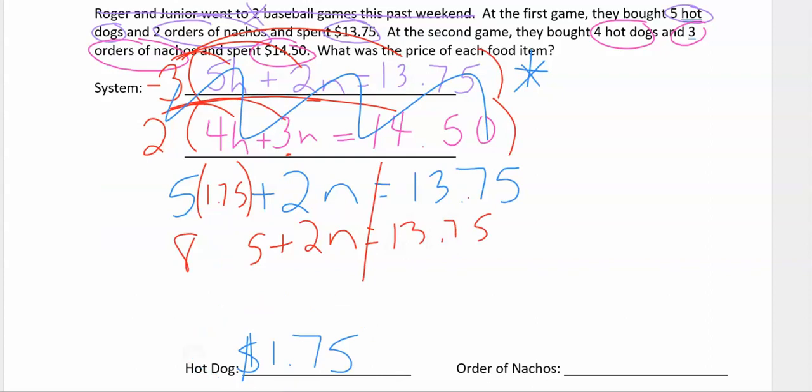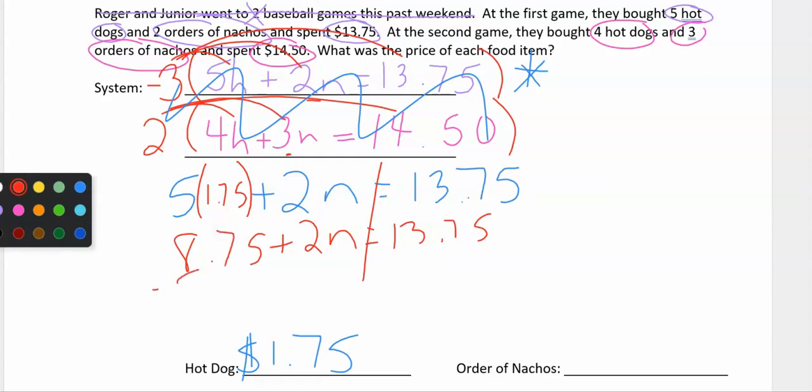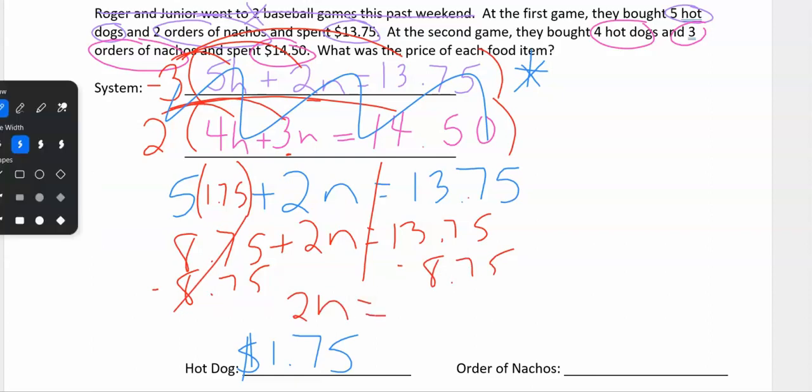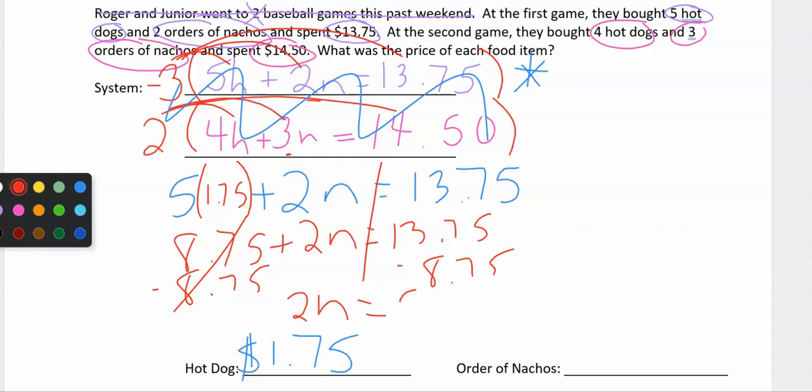Now I'm going to solve that. Oopsie. Okay, sorry. 8.75. Okay, so I'm going to subtract over 8.75. Ooh, these numbers are not our friends. That's okay. So then that's 2n equals 5.